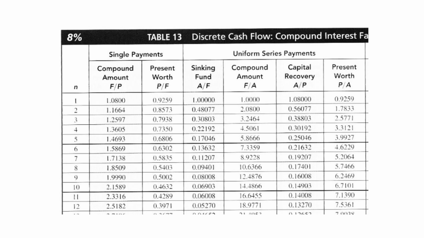The way that you'd use this table is you'd say, all right, I'm going to go down here to n equals 4, and so the ratio of P to A is 3.3121. And so P, the lump sum present value that's equivalent to 4 equal annual withdrawals of $100 each, would be $100 multiplied by 3.3121.